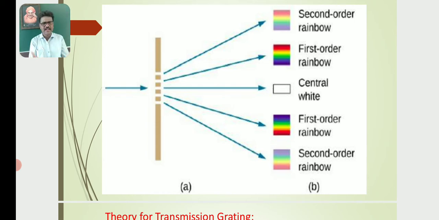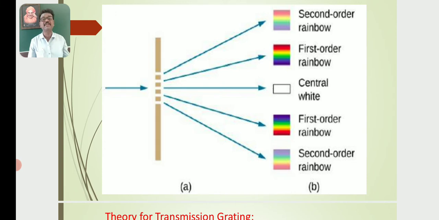On either side of the white fringe, a number of spectra are formed. Just see the diagram: first order spectrum, second order spectrum, and similarly on the other side, first order, second order, third order spectra.